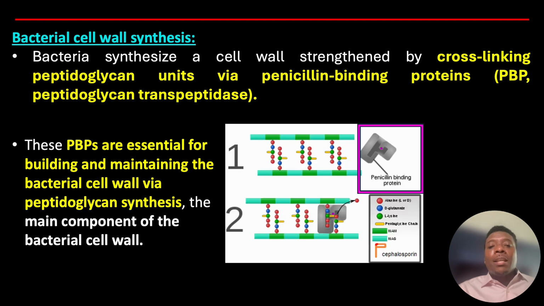What happens is this peptidoglycan layer is linked together via an enzyme called penicillin binding protein or peptidoglycan transpeptidase. So it cross-links the peptidoglycan layer and is responsible for making this bacterial cell wall nice and strong and maintaining this cell wall.